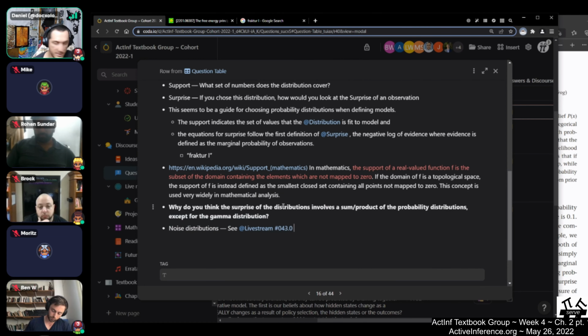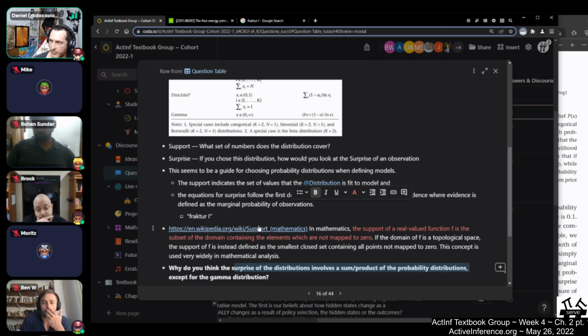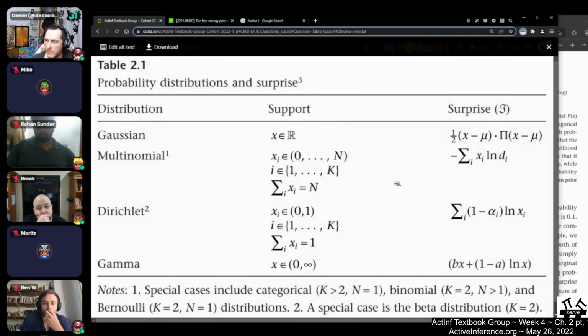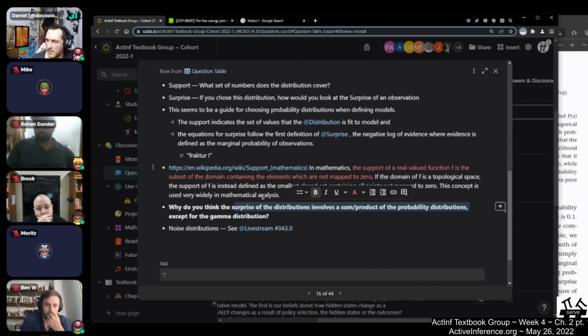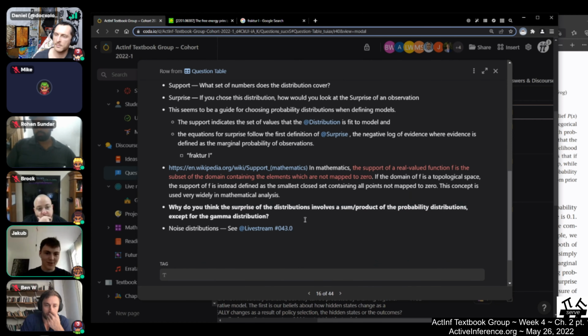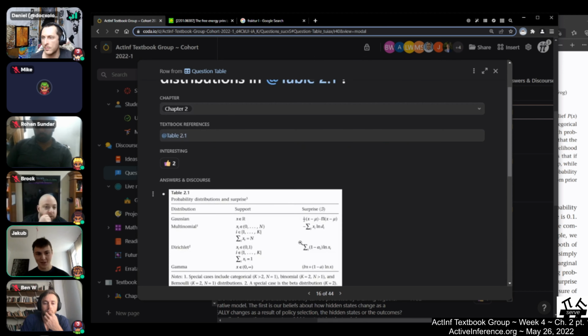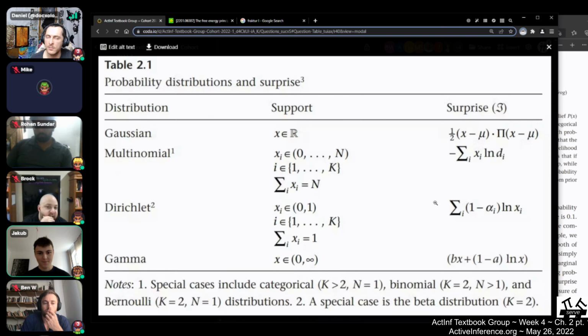And then Jakob asked, what do you think of the surprise of the distributions involving a sum product of the probability distributions except for gamma? Actually, I guess the Gaussian kind of as well. Maybe I'm thinking about this wrong, but I thought that the surprise was like the information gain, or equivalent.